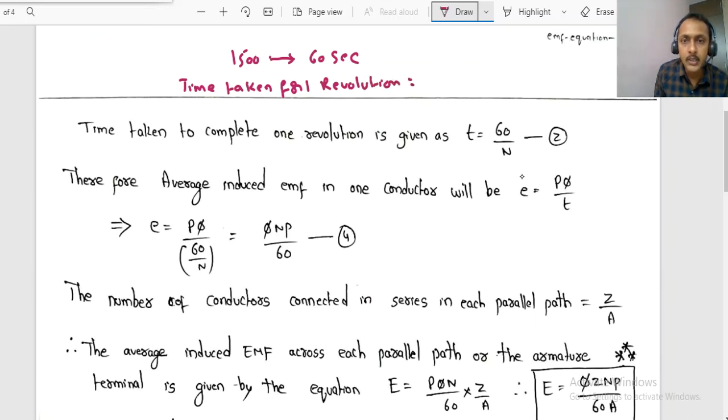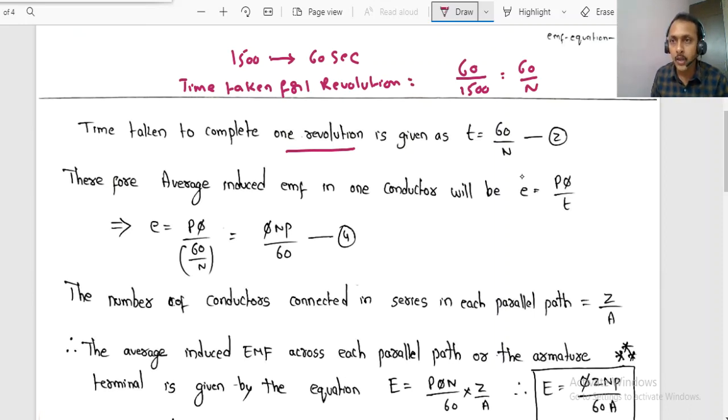Obviously 60 divided by 1500 RPM. So the time taken to complete one revolution is simply given by 60 divided by the speed in RPM. Clear?